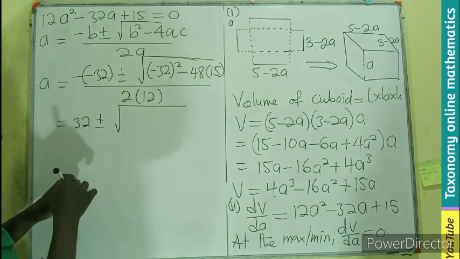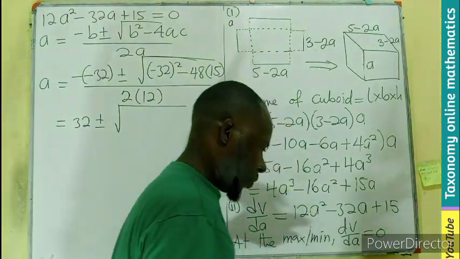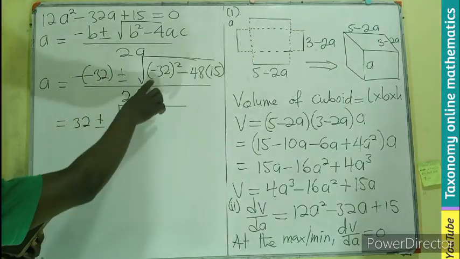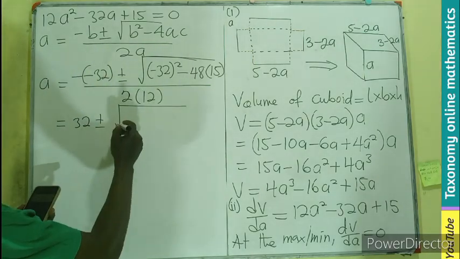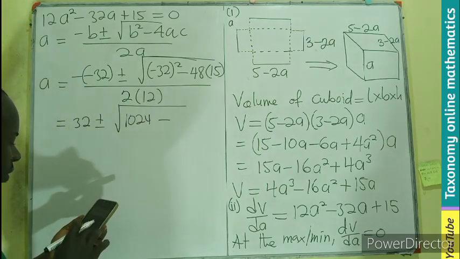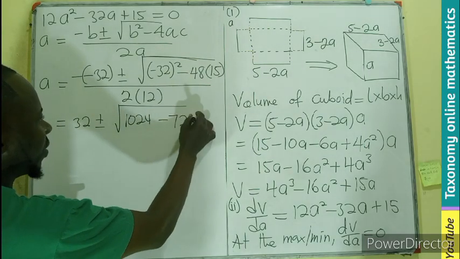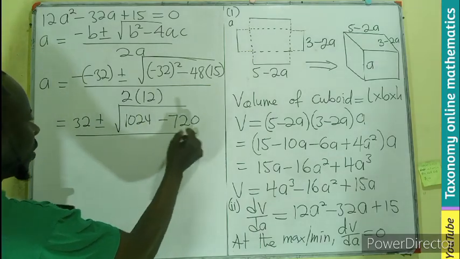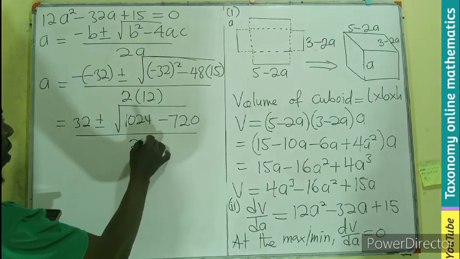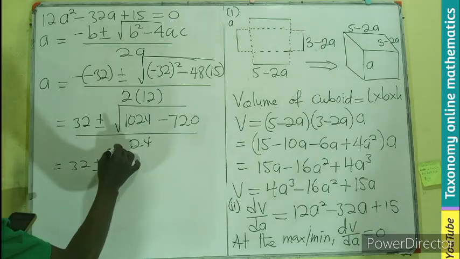Alright. Let's see this being 32 positive, plus or minus. Let's have the square of this. So when we square the 32, it will give a positive 1024, minus 48 times 15, which will also give us 720, divided by 24. We can have 32 plus or minus.